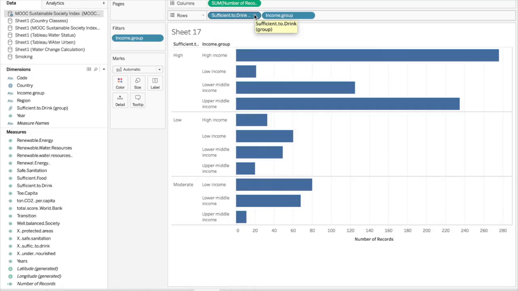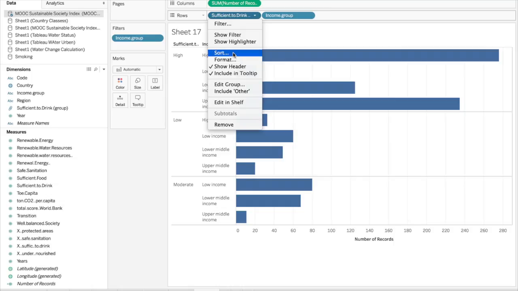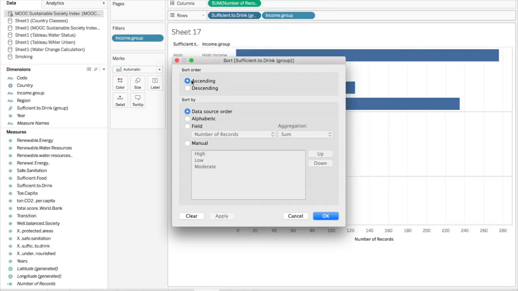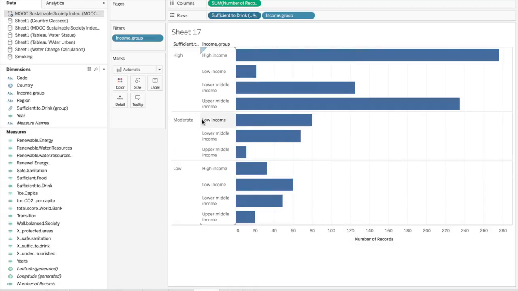So you can always go up to the variable, right click or hover, and go down to sort. We can sort them automatically, ascending, descending, alphabetical, by a set field, or manual. Manual is the easiest. So we're just going to move low down so that we have low, moderate, and high, a logical order.